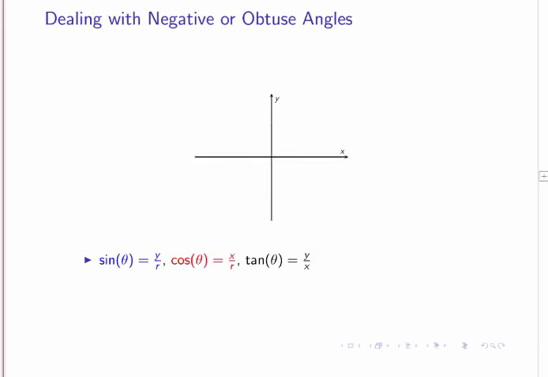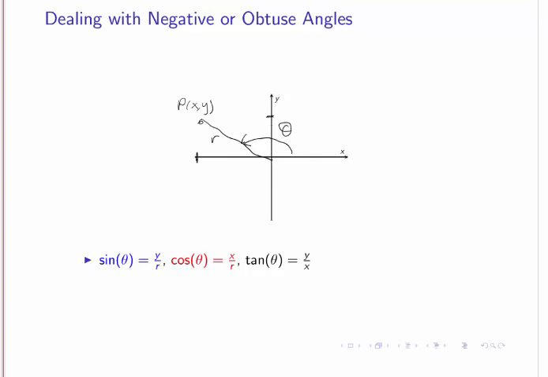If we have negative or obtuse angles, we can extend this idea. So let's look at a situation where we have a point P, which has coordinates x and y, and that's radius r, and the angle is theta. We measure the angle from the positive x-axis, and this point then has a y-coordinate right here and an x-coordinate right here.